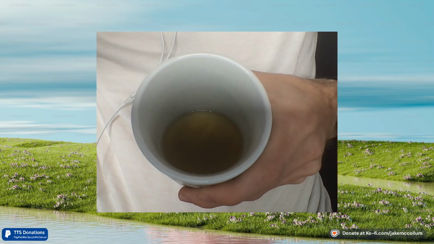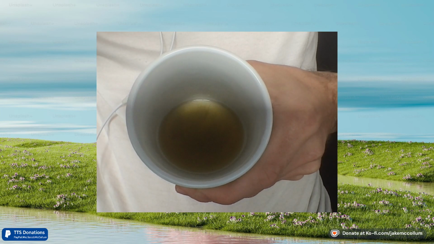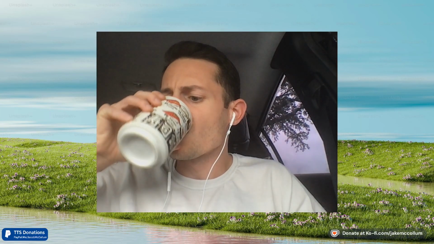Trying some new kukicha. Kukicha green tea. Let me see if I can... It's a green tea, but it has less caffeine in it. Because kukicha is like the roots and the bottom part of the leaf.